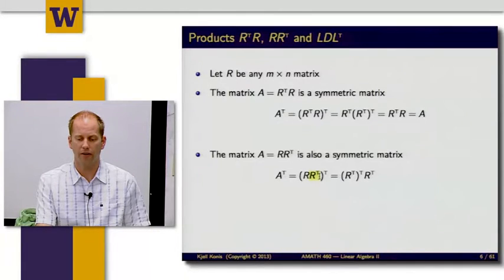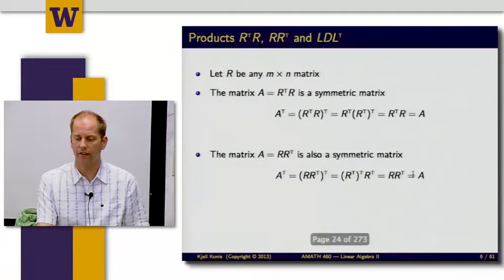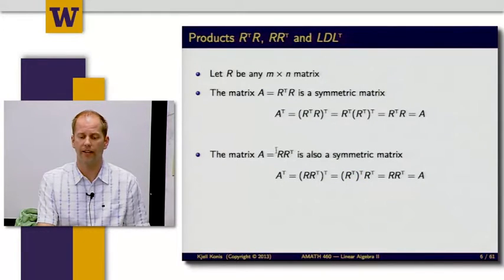So I have R transpose transposed, which is where this first term comes from, the first piece of this product. And then I have an R, and I transpose it, so I end up with R transpose. The transpose of a transpose gives me the matrix back, so that'll be R R transpose, which is A. So R R transpose is also symmetric.